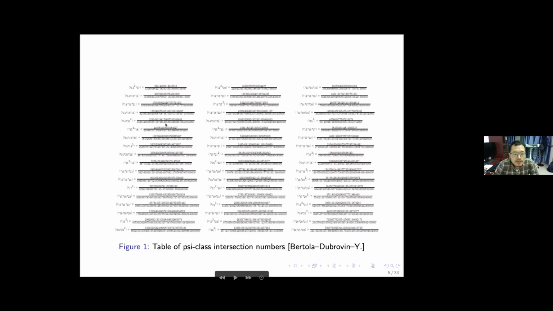You see already from 3-point numbers, the index is not very high. Still it's like 14, 17, 14 square, 17, and here 20, 21, 22. But the numbers are already very huge. Huge means the numerator contains big primes very quickly. So you see this subindex is not very high, but the numerator already has a big prime.